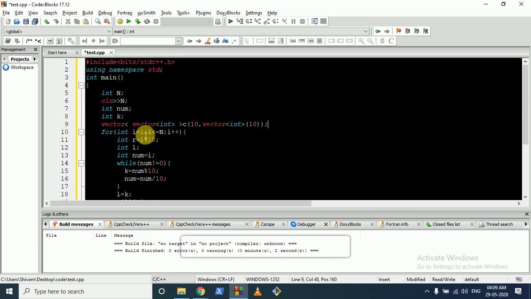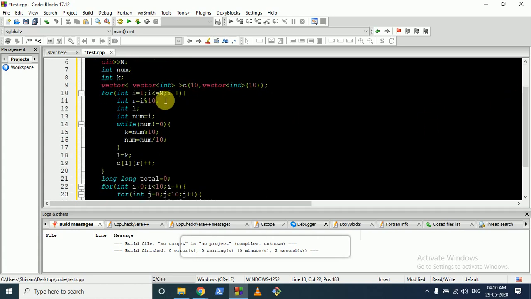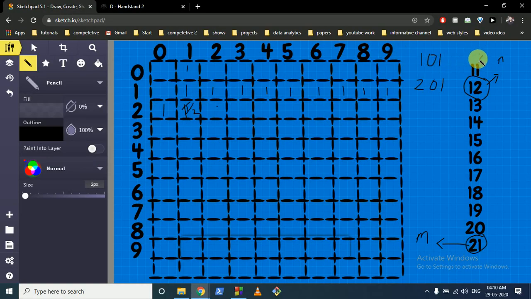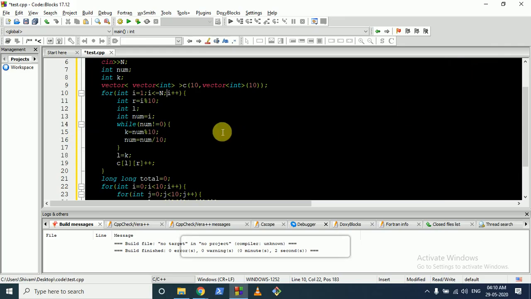We will run our loop from 1 till n, and first find out the right digit, which is the rightmost digit, and the left digit, which is the leftmost digit. The right is just the number modulus 10. For the left, we'll take the number i into num, do a while loop, and when we come out of the loop, k actually stores the first digit, because we take num modulus 10 and then divide it by 10, storing the digit in k.